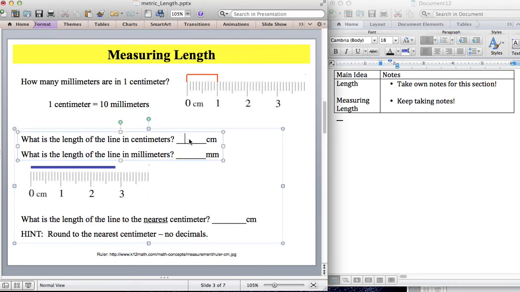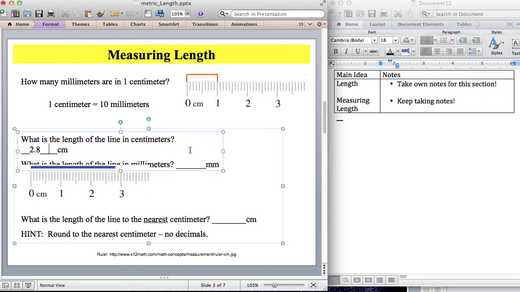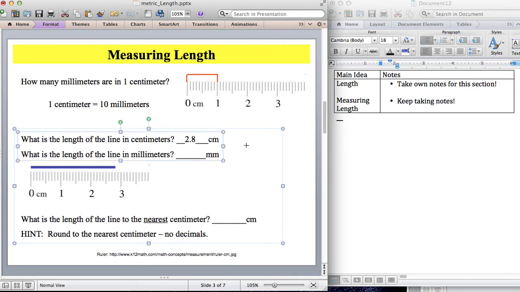In millimeters, though, a centimeter is 10 millimeters, and I'm basically just doing a metric conversion, going from centi to milli, one space to the right. It would be 28 millimeters. These measurements mean the exact same thing. The length to the nearest centimeter, I'm going to round, would be 3.